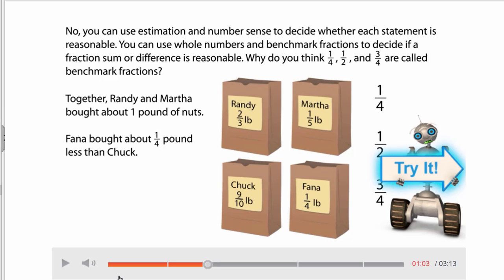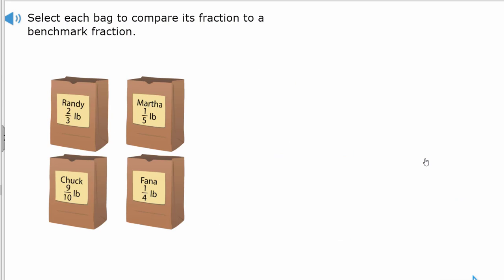Select each bag to compare its fraction to a benchmark fraction. What are the benchmark fractions? 1/4, 1/2, and 3/4.